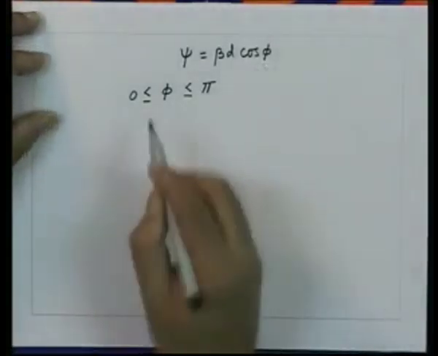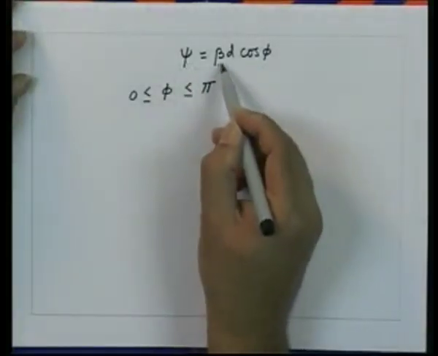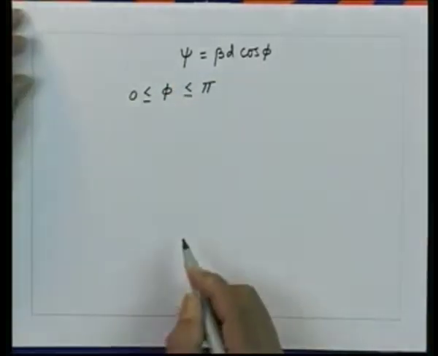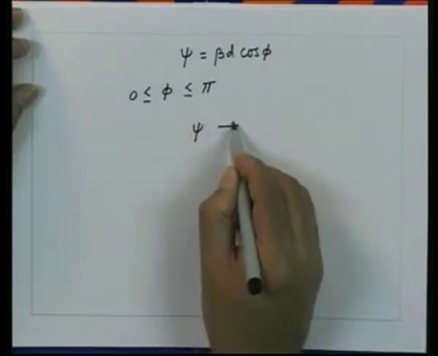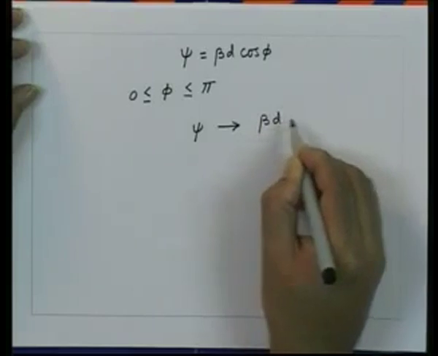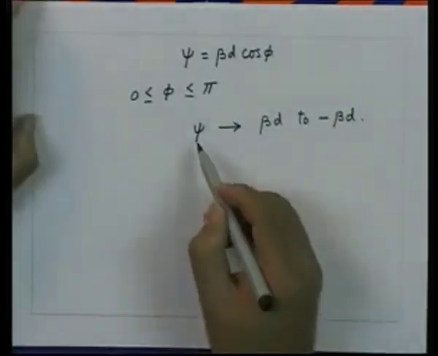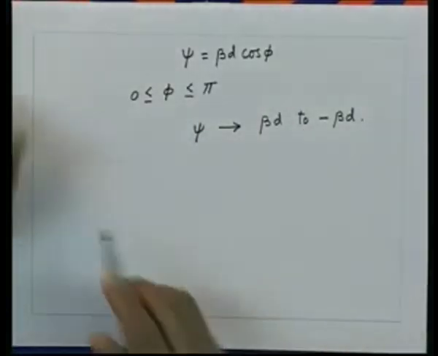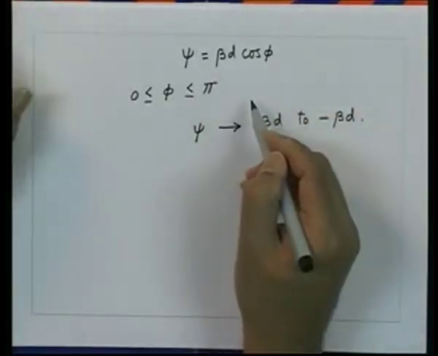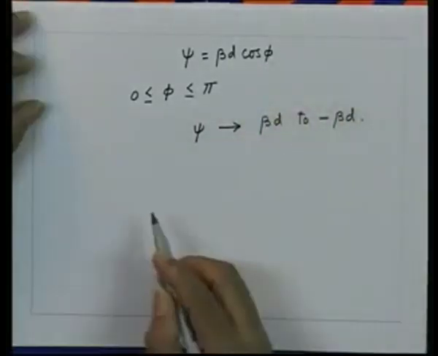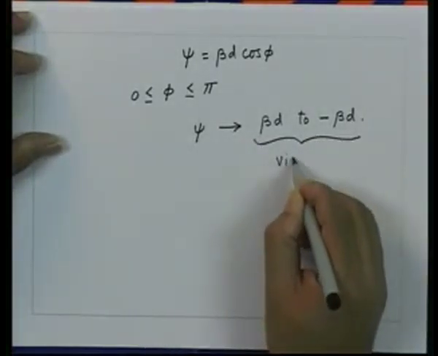That means as phi changes from 0 to pi, the value of psi would change from beta d to minus beta d. This is the range of psi we call the visible range of psi, because that corresponds to the visible, physical angle in the radiation pattern, which is phi, going from 0 to pi.